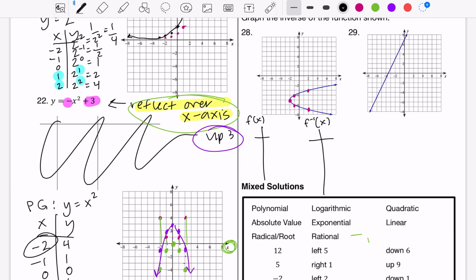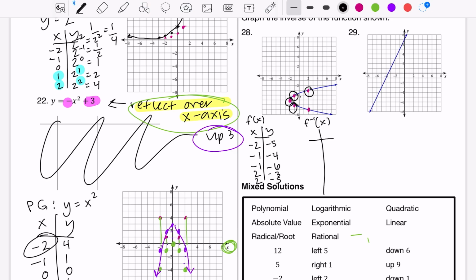So for me, my points would be (-2, -5), and then I have (-1, -4), and (-1, -6), and then I have one here at (2, -3), and (2, -5).